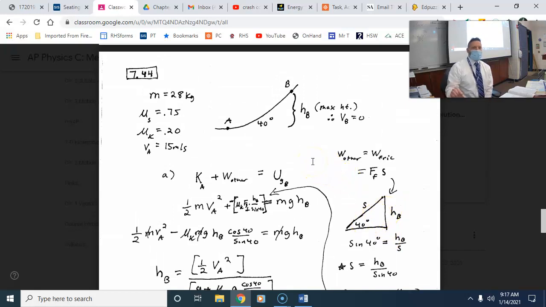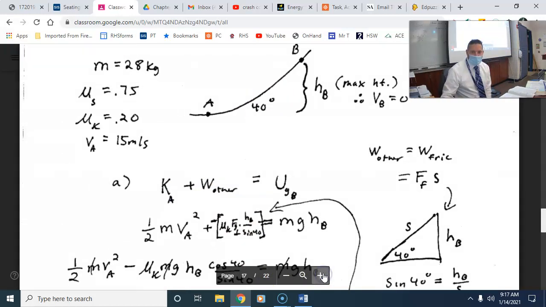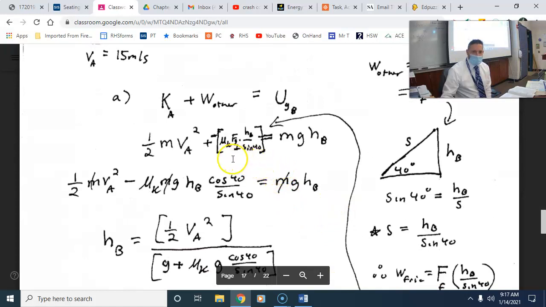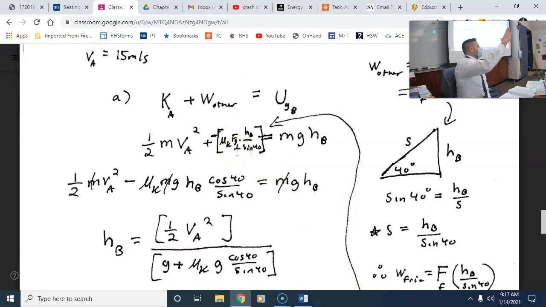In general, we know the force of friction is mu, in this case kinetic for this part, times the normal force, right? Let me blow this up a little bit more so we can see it. The normal force, though, from the past, we should know on a hill or an incline is not equal to the weight. It's equal to which component of the weight?